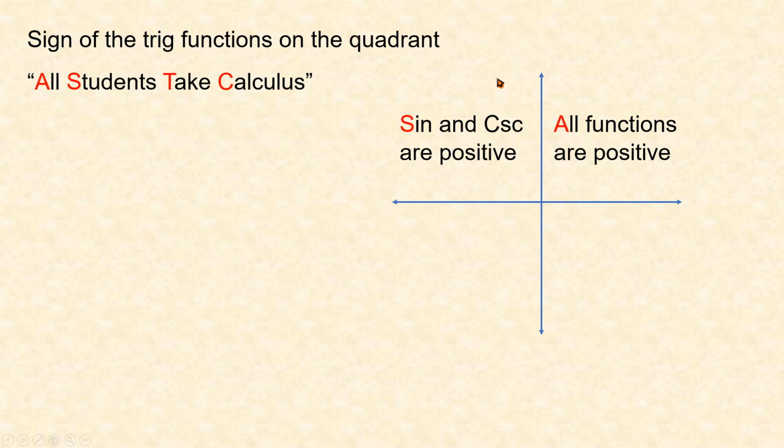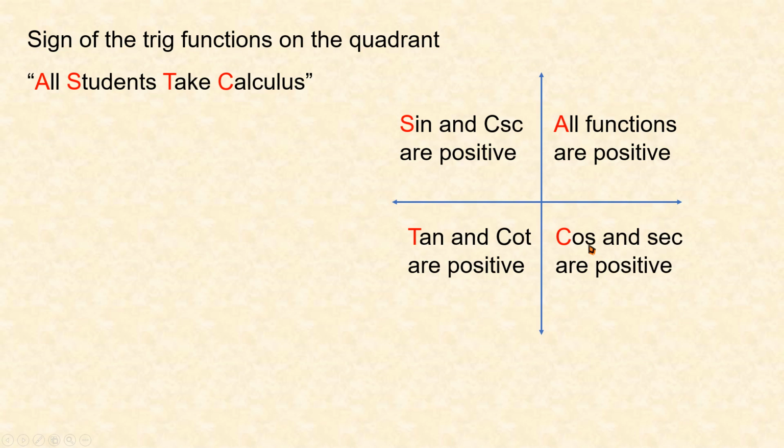Cosecant is just the reciprocal of sine. Sine and cosecant are positive here. And then T is for tan. Tangent and cotangent are partners because they're reciprocals of each other. They're both positive in this quadrant. And then C is for cosine, and cosine and its partner secant are positive in this quadrant.